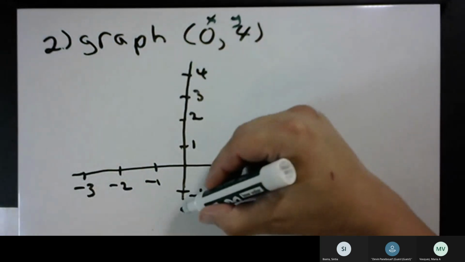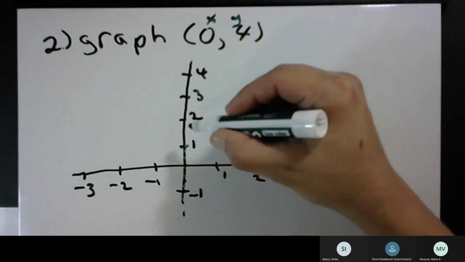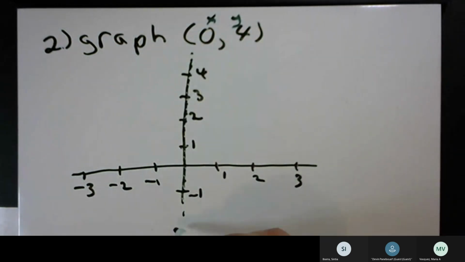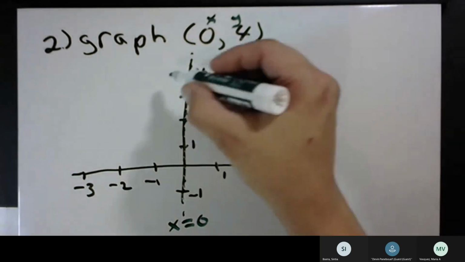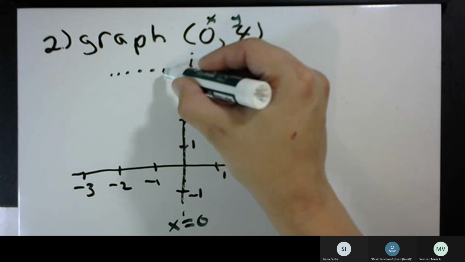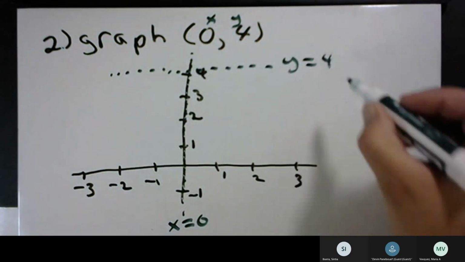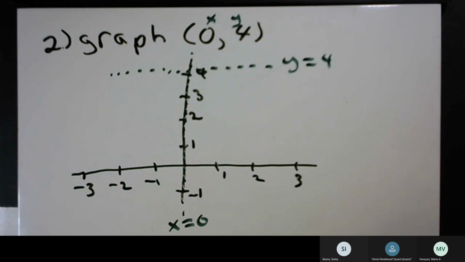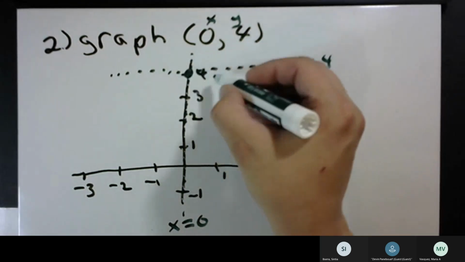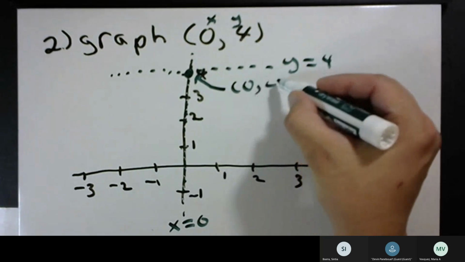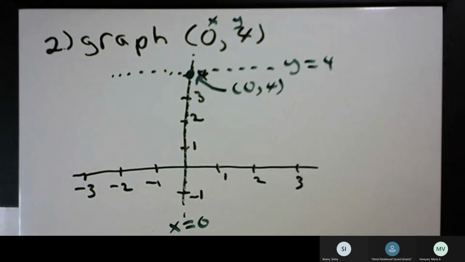So let's go with the line x equals 0. Now, x's are going to be vertical lines. So it's a vertical line passing through x equals 0. And then y is a horizontal line. So y equals 4. And where these intersect, that's the point (0, 4).